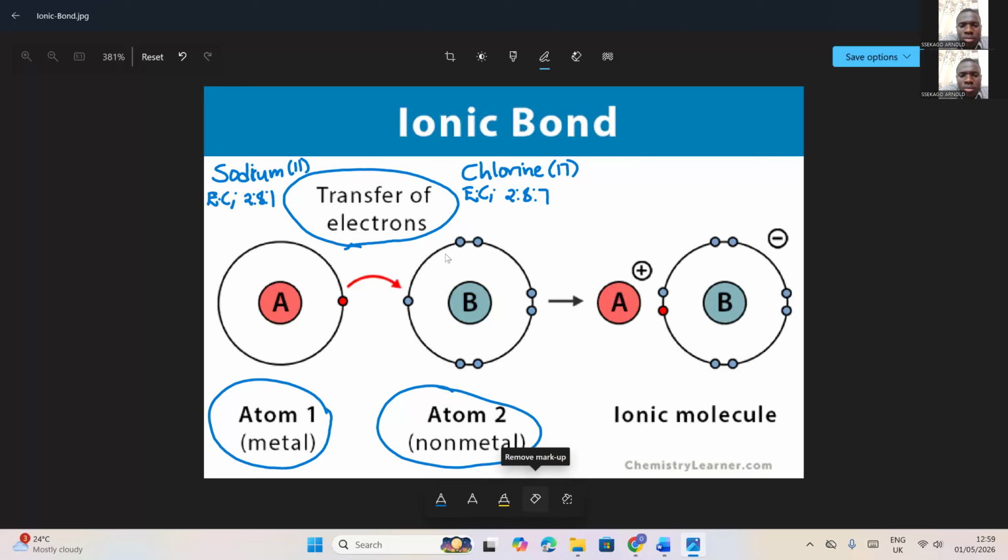The outermost shell of chlorine has 7 electrons. So you see, this is how we write them: 1, 2, 3, 4, 5, 6, 7, one by one.